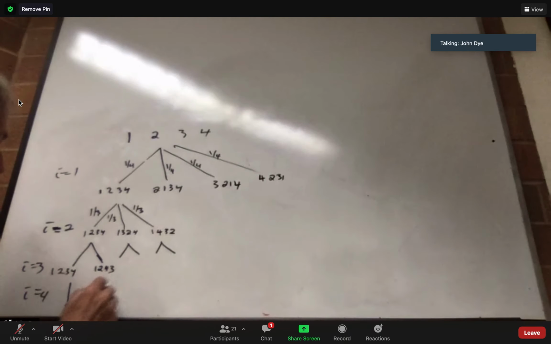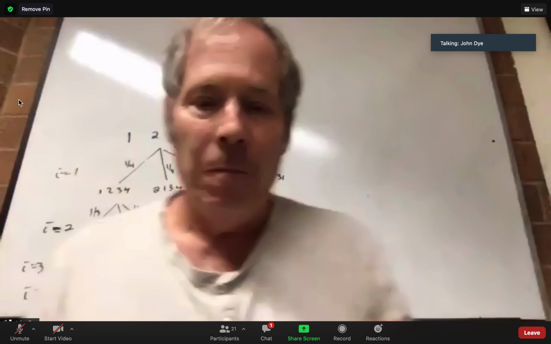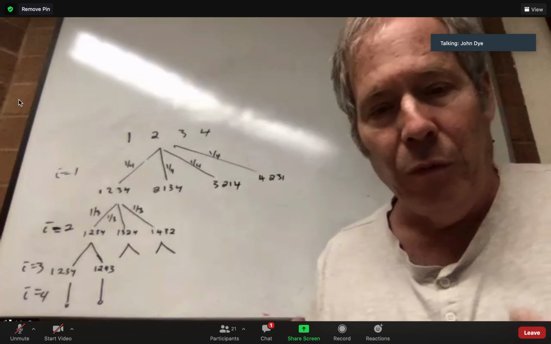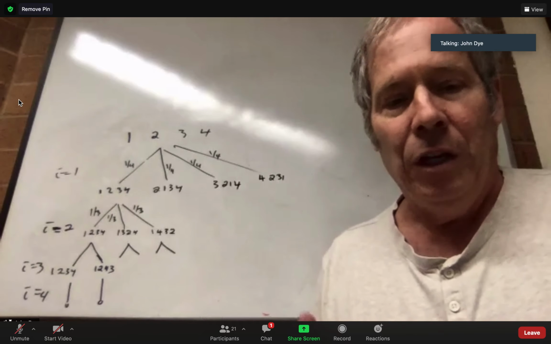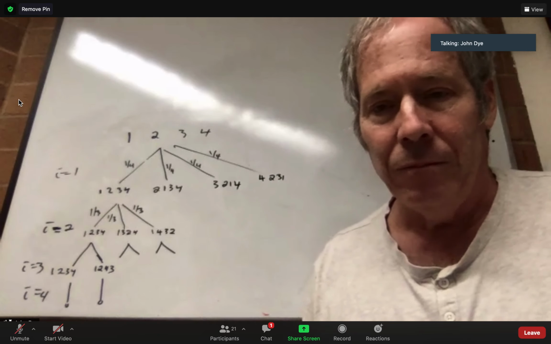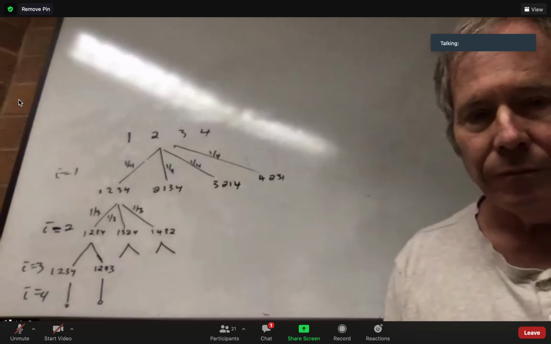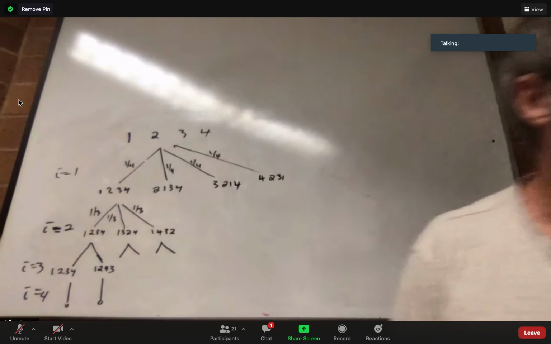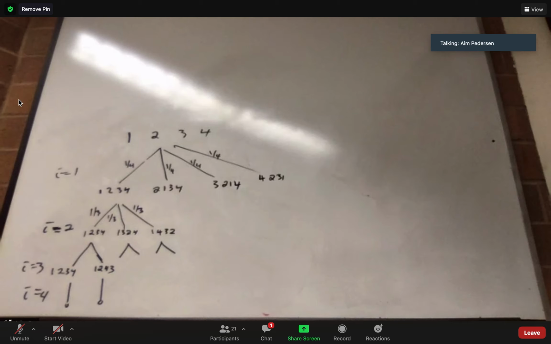These just go down. So the problem was reasonable. What do you have to do to finish the problem? You've got to get all those leaves, and you have to verify that there are 4 factorial different orderings. You need to show that each ordering has exactly an equal likelihood of happening.